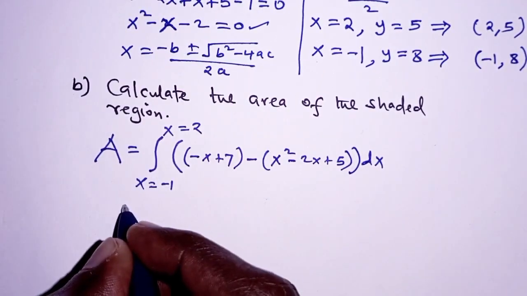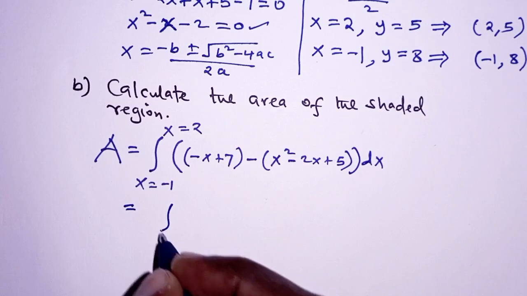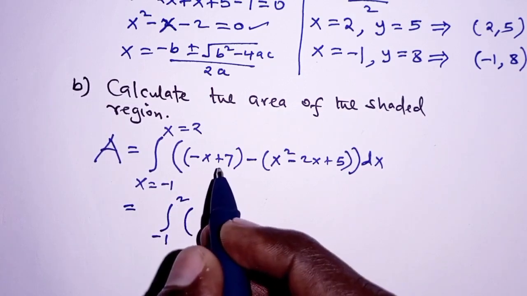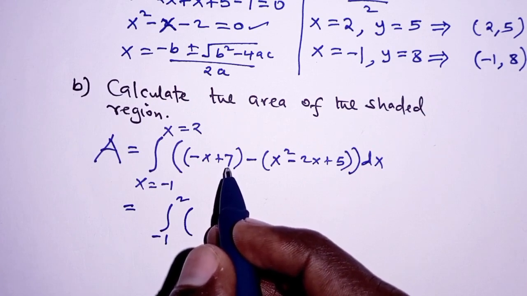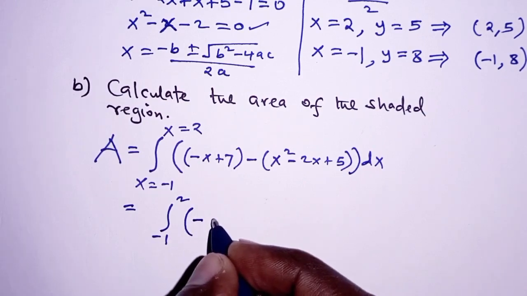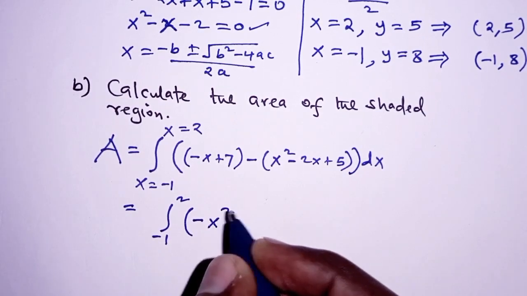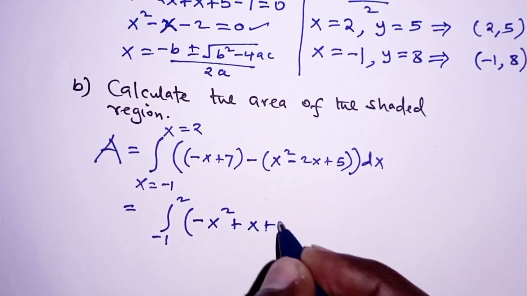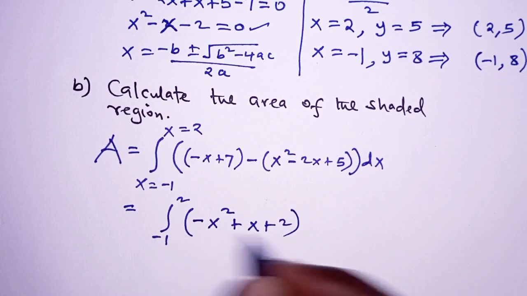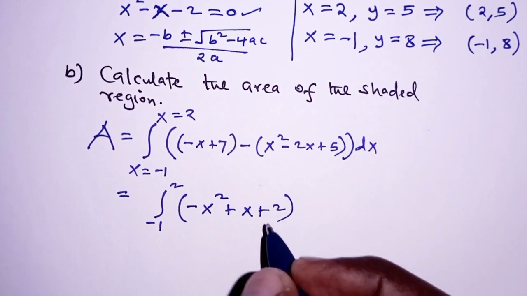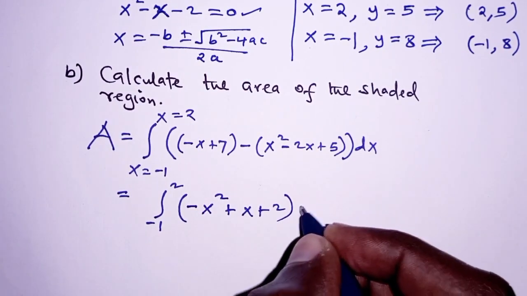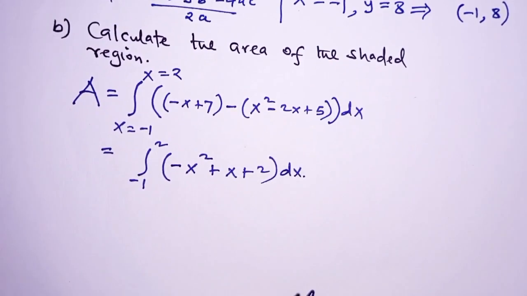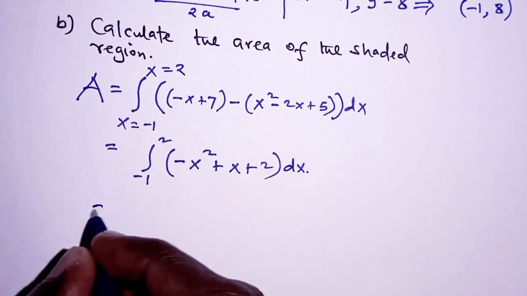This simplifies to, so we have from negative 1 up to 2. So when we open the brackets here, this should give us negative x squared plus x plus 2, you can try that. That is what we need to get as the result, and then with respect to x. So the next thing is to integrate this.